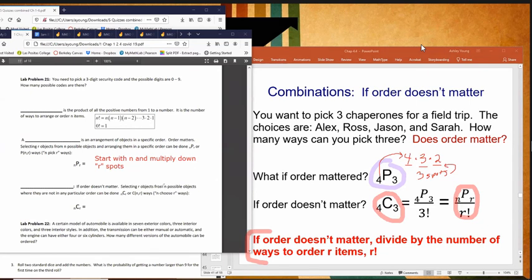For NCR, I would put that's the same thing as N, oops, this is going to be awful. I cannot write with this in my mouse. Okay, let's try it again. NPR over R factorial.